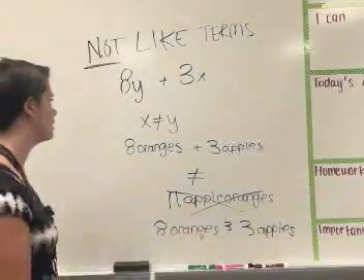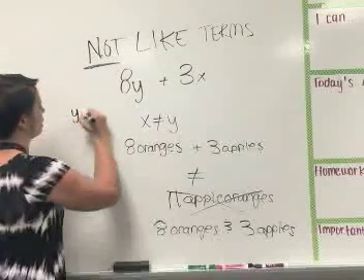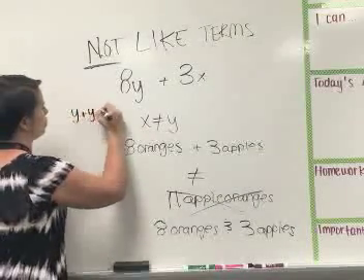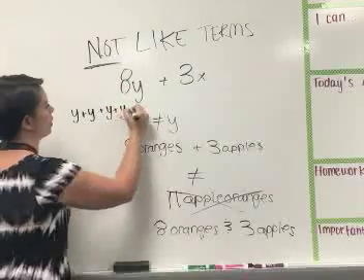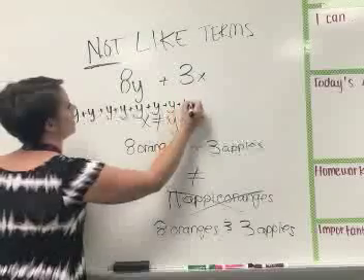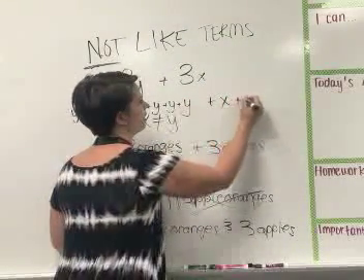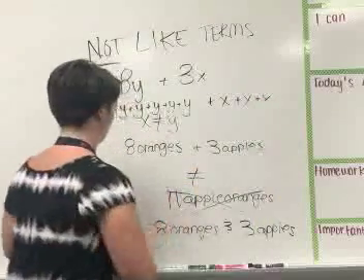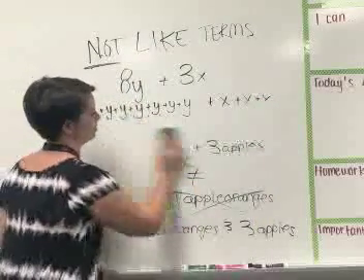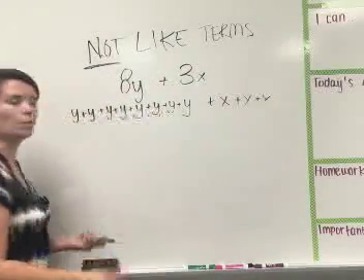Does that make sense? Because if I have 8 y's, 1, 2, 3, 4, 5, 6, 7, 8, and I add 3 x's to that equation, does that make 11 xy's?